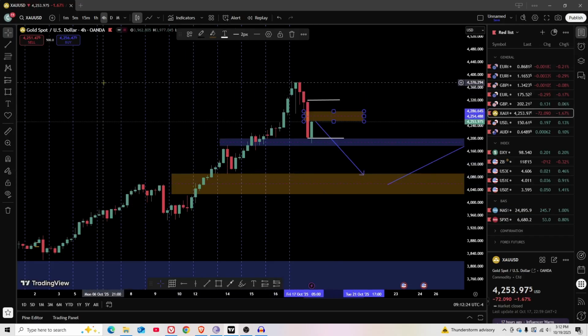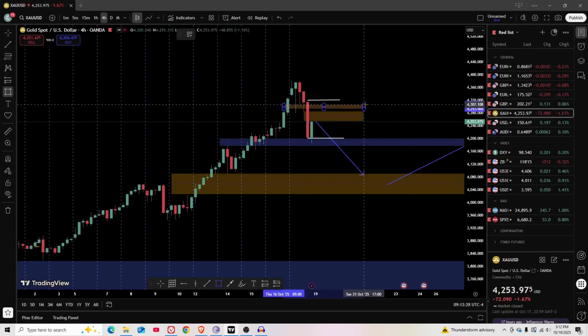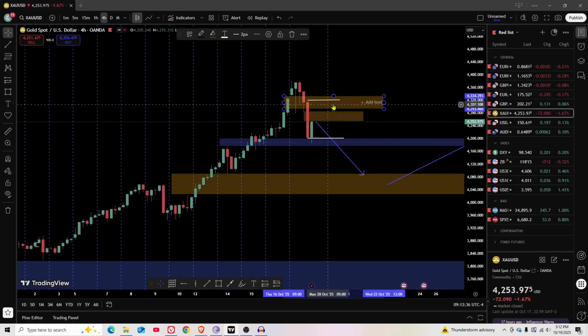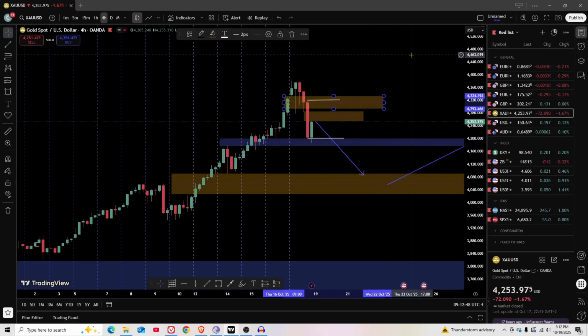And you also have inverted fair value gaps within the very same area. If the market comes and taps into these areas and finds support within these PD arrays, and we are looking for the market to take out these lows, then I'll be looking to go up until that fair value gap. Then I'll start resuming my bullishness.